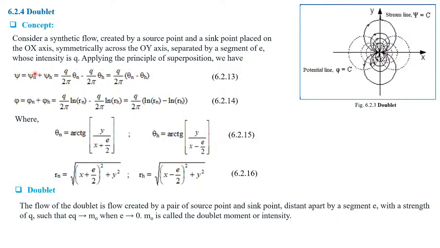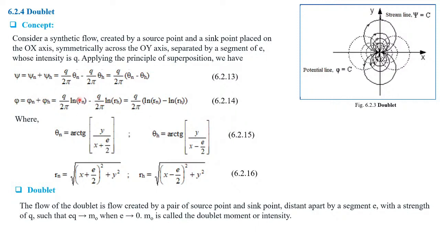Okay, and we write the formula to calculate this one like this, and this one like this, and we can join them together like this. For phi equal phi source plus phi sink, we get this formula for this one, and this formula for this one.